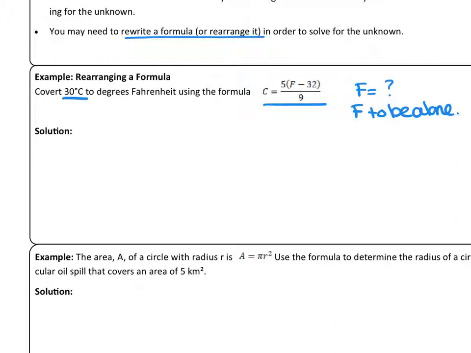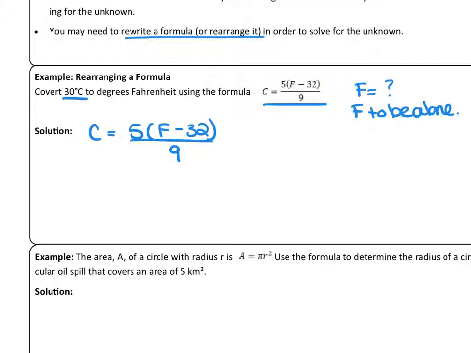The way you do that is, whatever operation is on one side, we do the opposite on the other side. I'm going to show you how that works. First things first, we've got C equals 5 times (F minus 32) divided by 9.